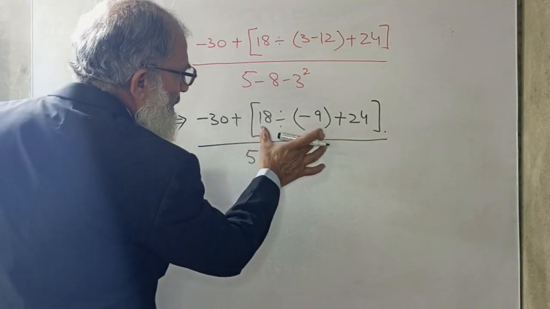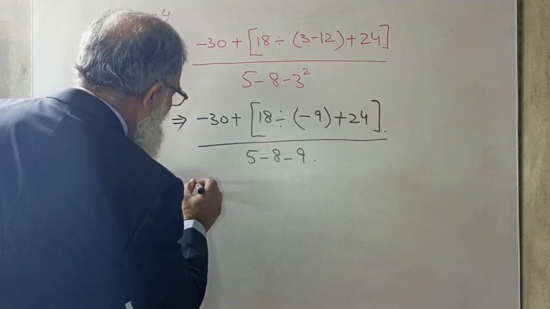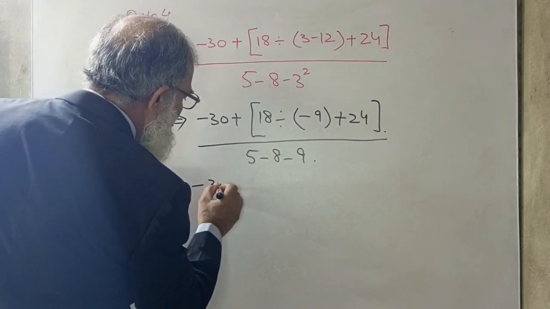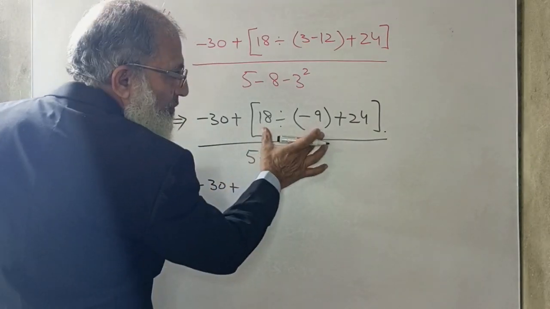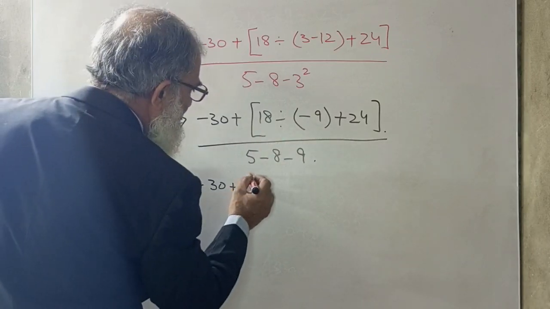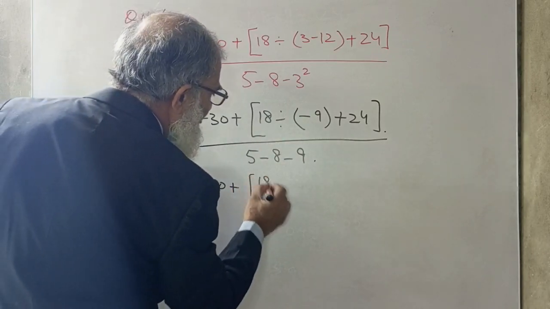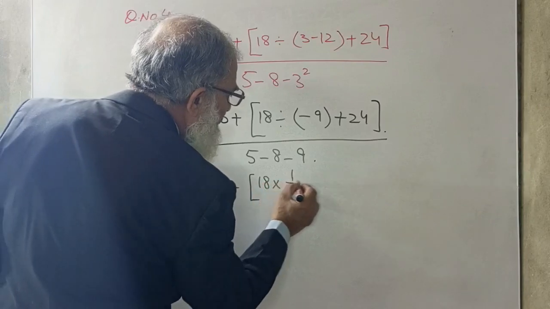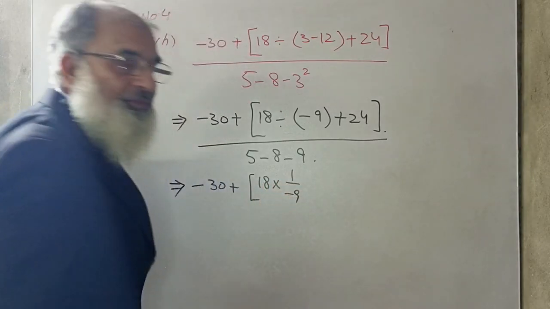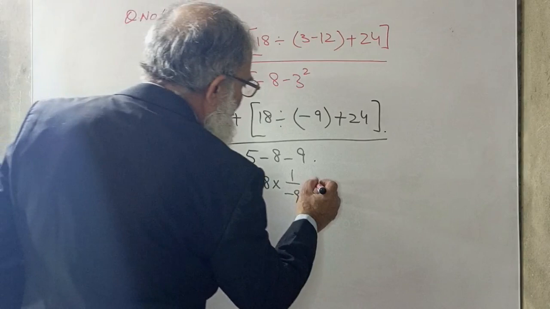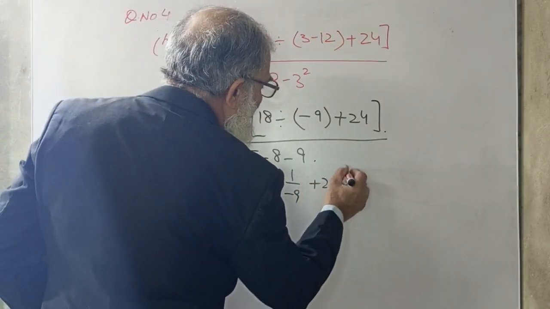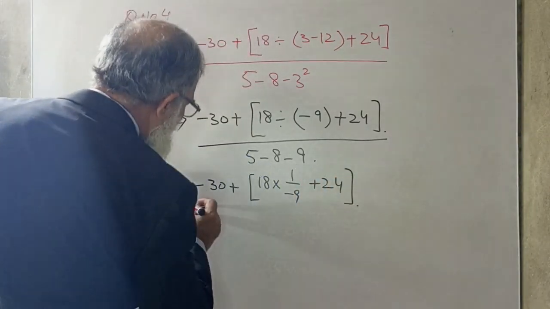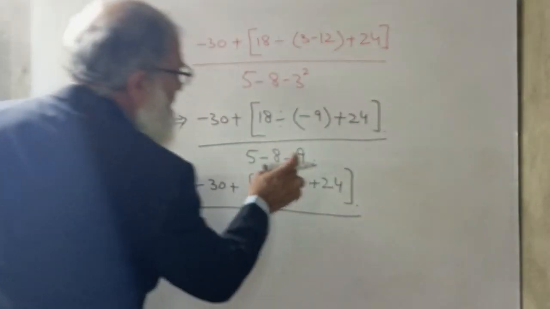We'll use this one now. We'll solve this question now. 18 multiplied by 1 upon minus 9 plus 24. And we'll solve this as well.